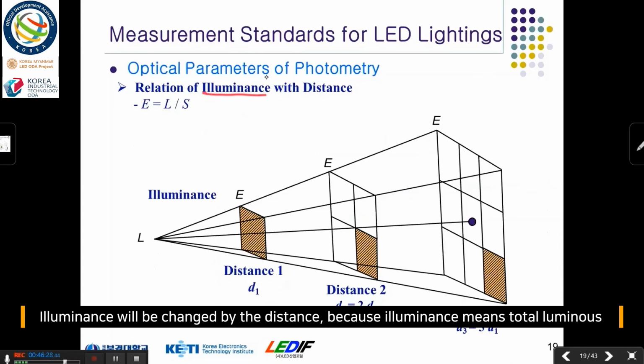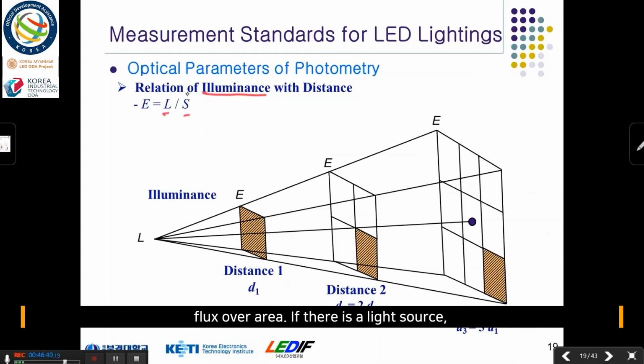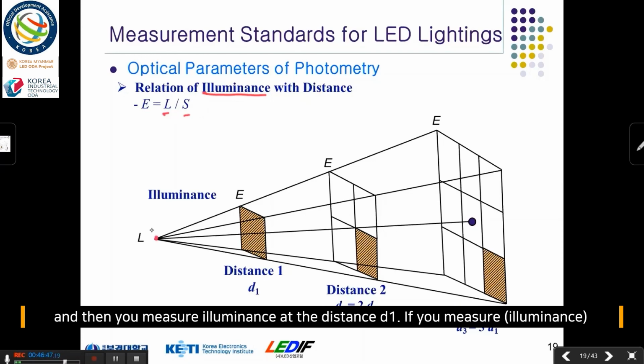Illuminance will change with distance, because illuminance means total luminous flux over area. If there is a light source and you measure illuminance at the distance d1, then if you measure at the distance of twice d1, the illuminance will decrease by 1 over 2 square.